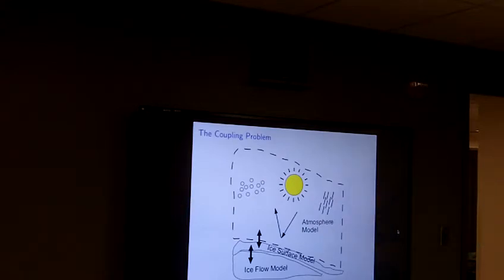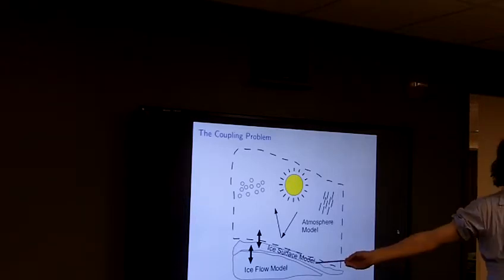Yes? Is it possible for the initial 1 meter snow layer to contribute to sea level rise in our model? No, it's not. Wait, so that can't deflate down to like. Oh wait, actually it is possible, because it keeps track of how much is melted.